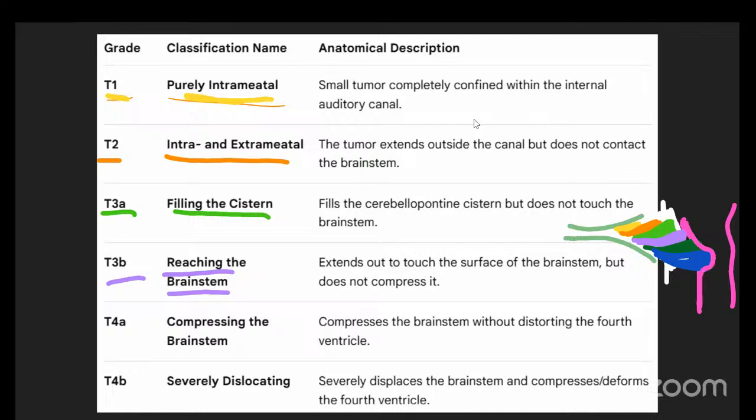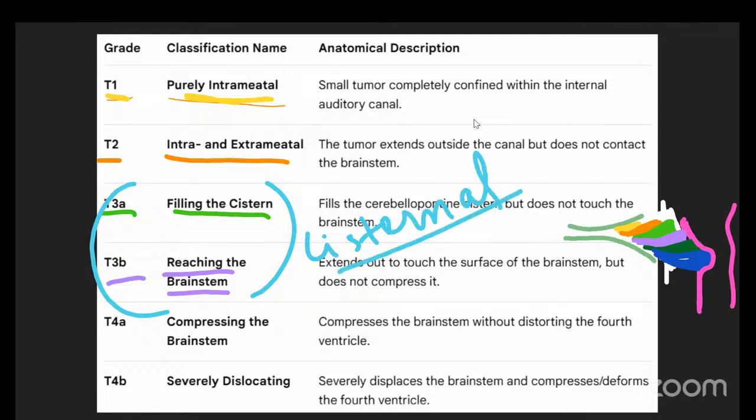T1 is purely intrameatal, right? T2 is both intra and extrameatal. You can follow the color coding around. T3A and T3B. Remember, both of these are cisternal components. They are both inside the CP angle cistern, outside of the meatus. T3A only fills the cistern. T3B reaches the brainstem.